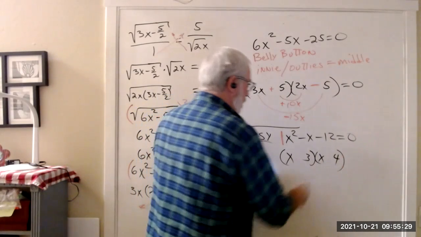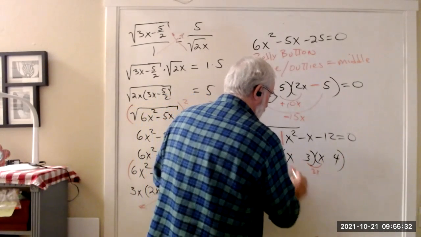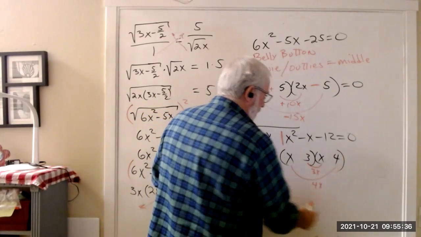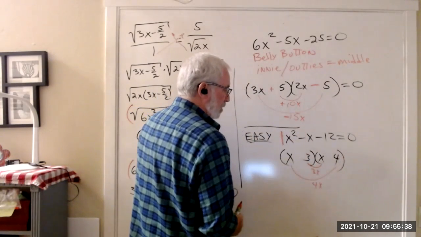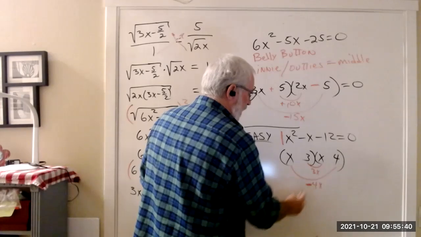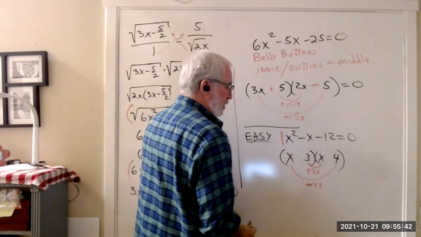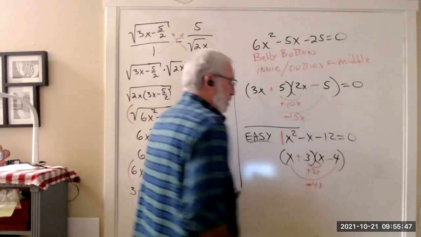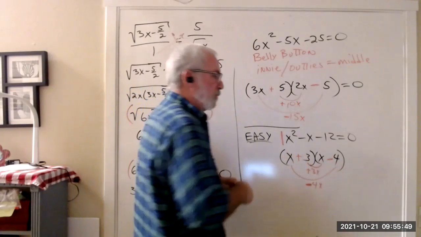That's wrong. Middle is 3x. Innies are 3x, outies are 4x, but I have to make negative 1. So the 4 has to be negative and the 3 has to be positive. That tells you where you put your signs, and that's the factoring, and then you can go from there.